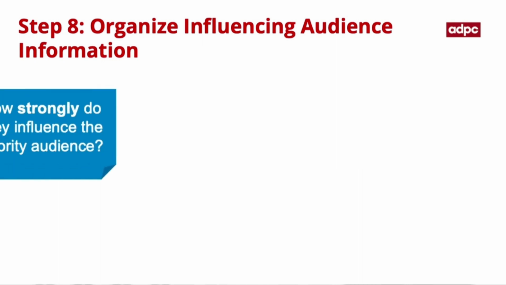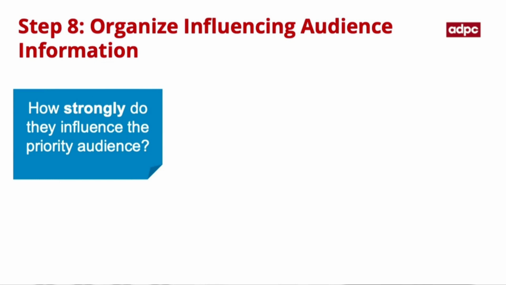Step 8. Organize influencing audience information. After having identified your influencing audiences, conduct additional research to get more information on them and their relationship to the priority audience. Questions to ask include: how strongly do they influence the priority audience?